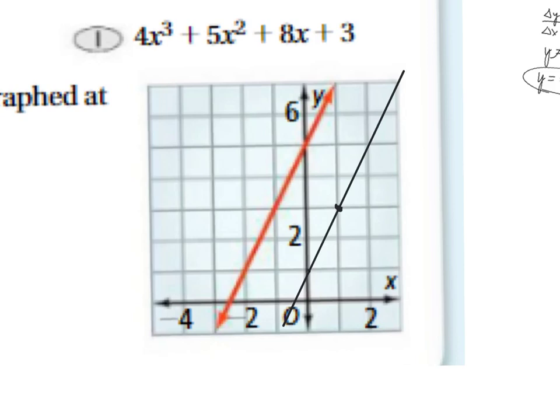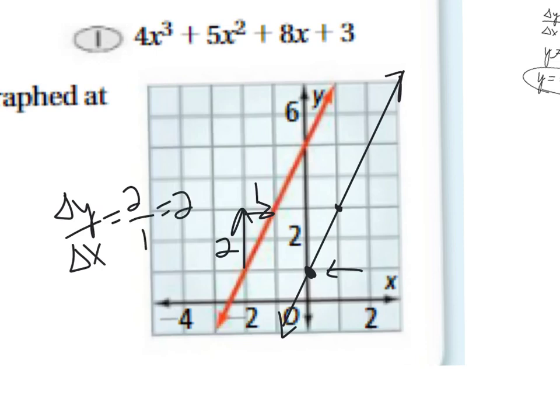I'm off a little bit here, but I'm just trying to even draw a parallel line to it. It looks like our y-intercept's 1. And again, the slope is no problem. Changing y over changing x, so up 2 and over 1. So our slope is 2 over 1, or 2.